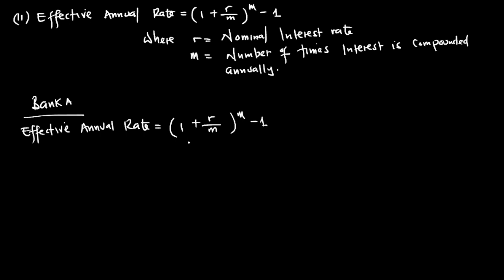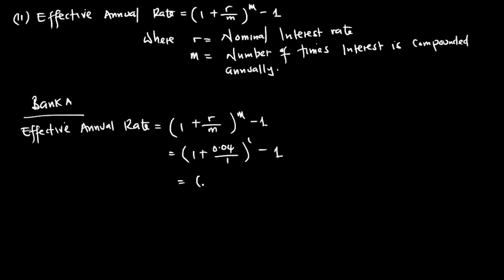In this case we're going to say 1 plus the rate there, which is 4%, 0.04, divided by 1, because in this bank it was just annually, so the number of conversions will just be 1, to the power 1, minus 1.